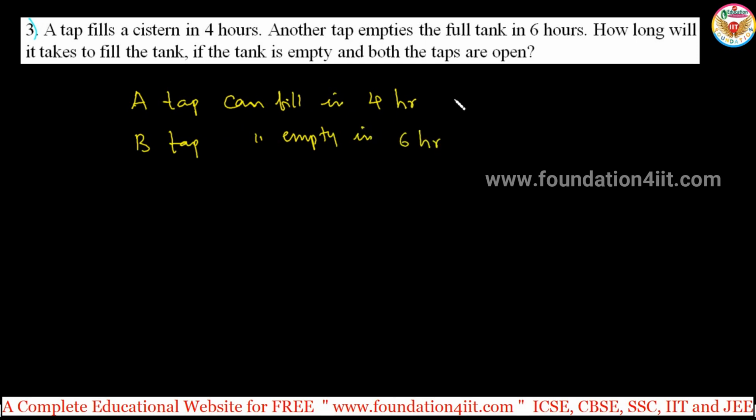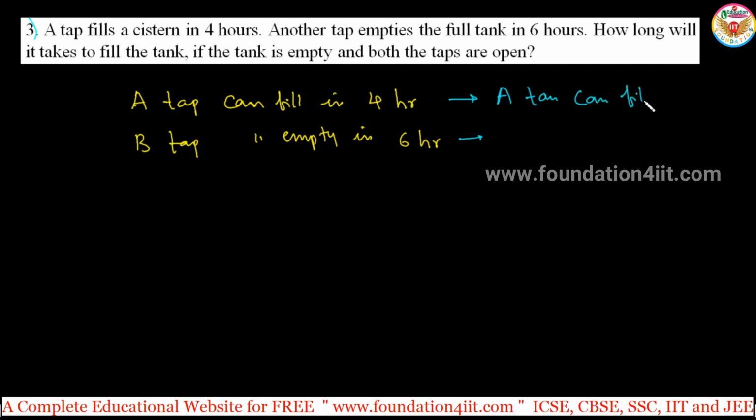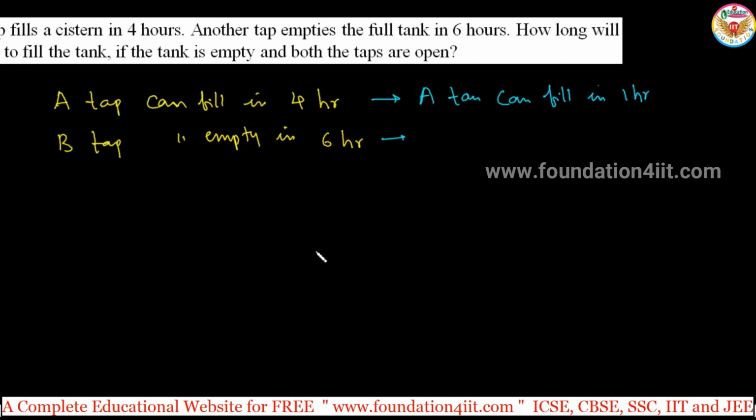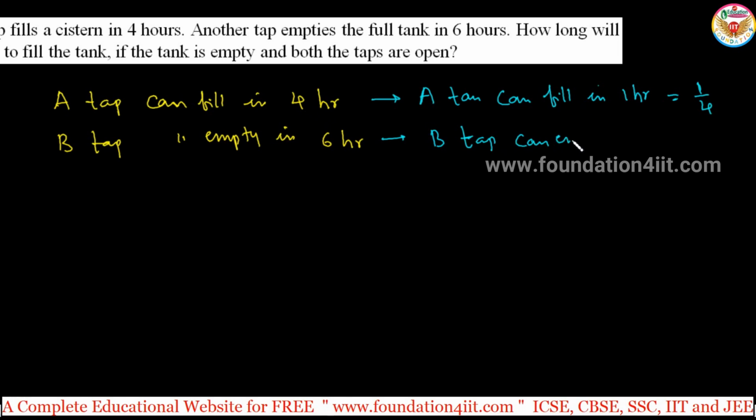Based on these two statements, in 1 hour, A tap can fill only 1 by 4th, because A tap can fill the total in 4 hours. Same way, B tap can empty in 1 hour 1 by 6.